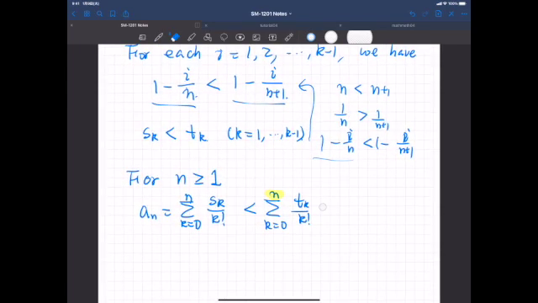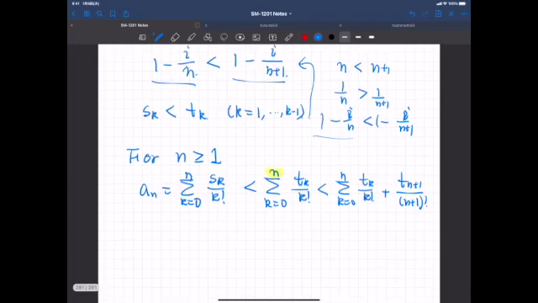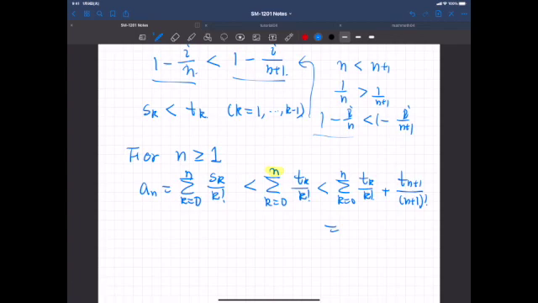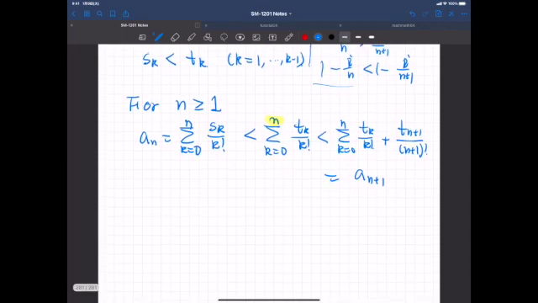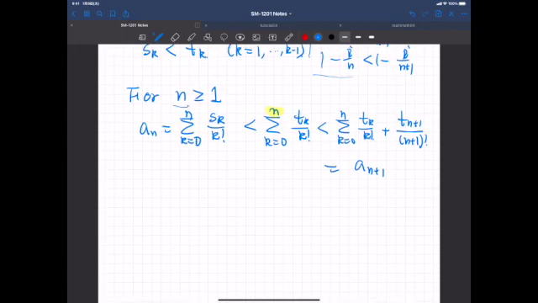And this is of course less than, if you add one more positive term to the right, t_(n+1) over (n+1) factorial. And this last sum is equal to a_(n+1). Therefore, for any natural number n, a_n is less than a_(n+1).